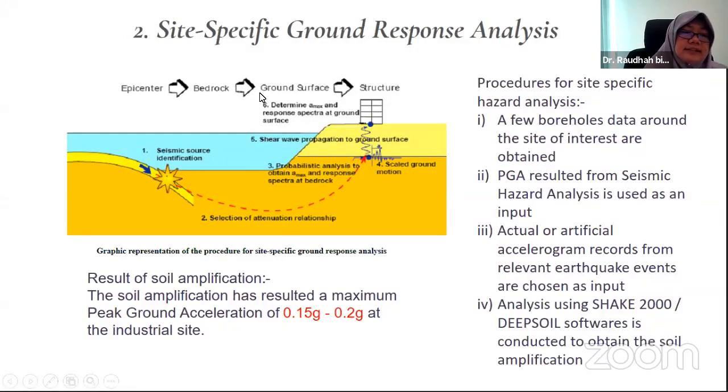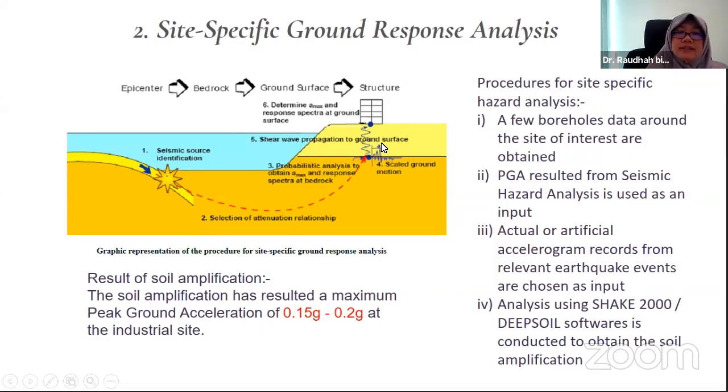If you look at this graphic representation, the way we check is from the earthquake itself, the seismic source identification. It will bring some waves to the bedrock beneath the site. From the bedrock, we check the amplification as the shear waves propagate to the ground surface.